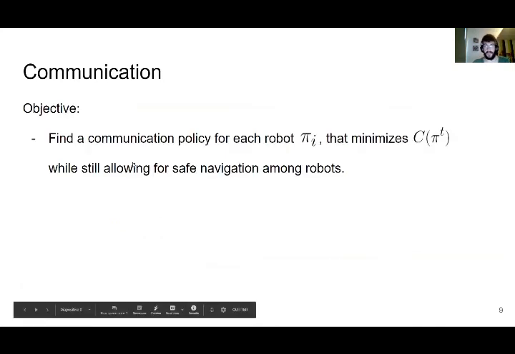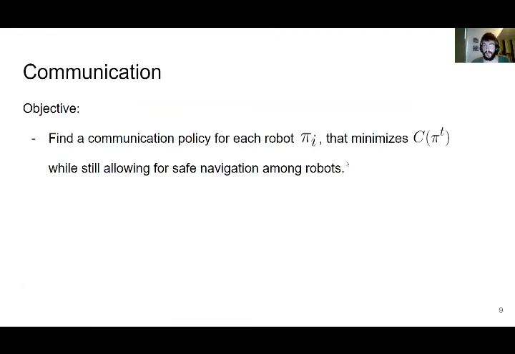This leads us to the objective of finding a communication policy for each robot that minimizes the global cost of communication while still allowing for safe navigation among robots.